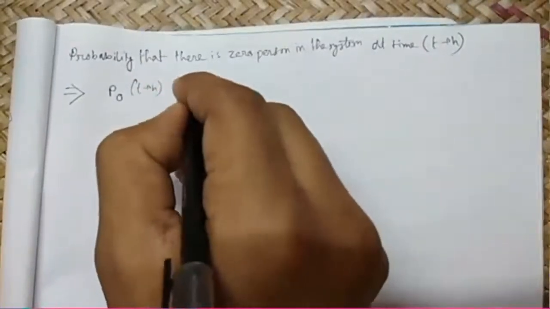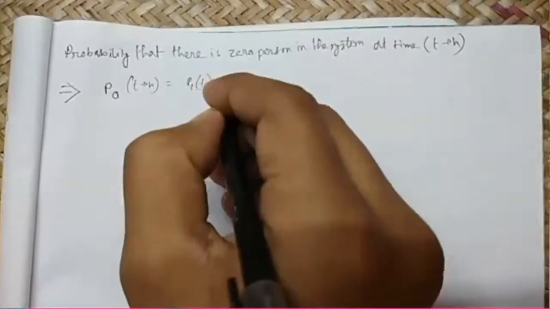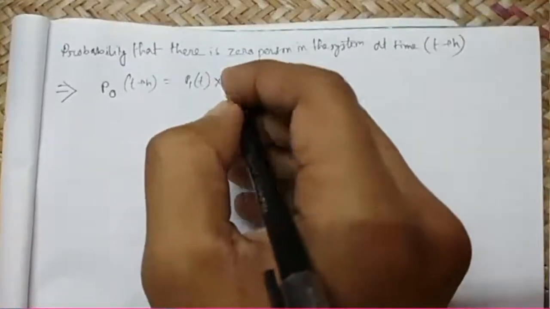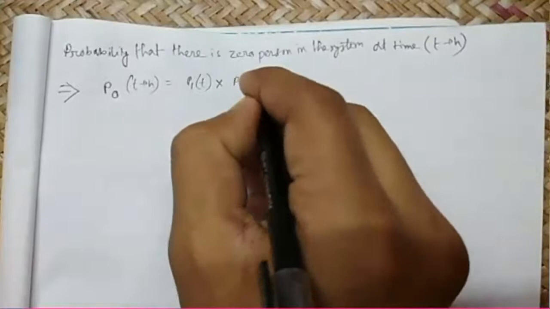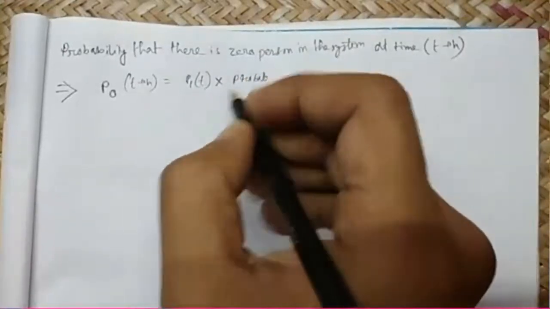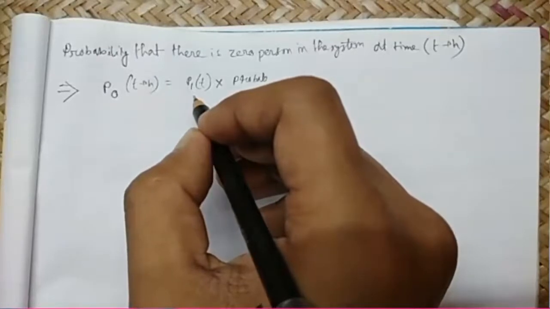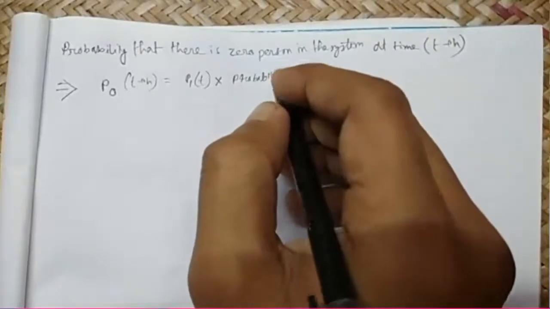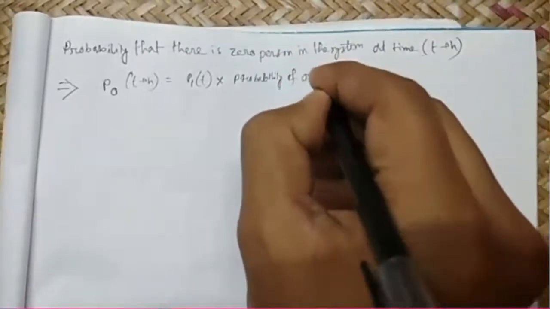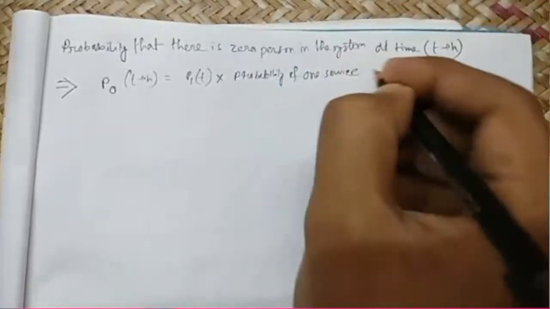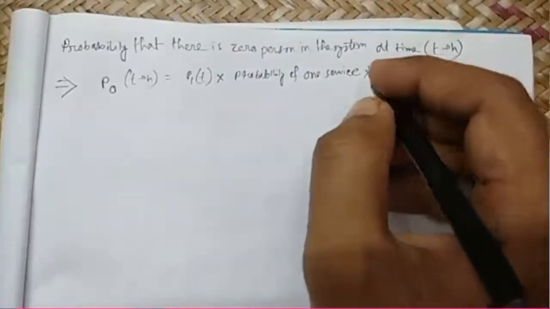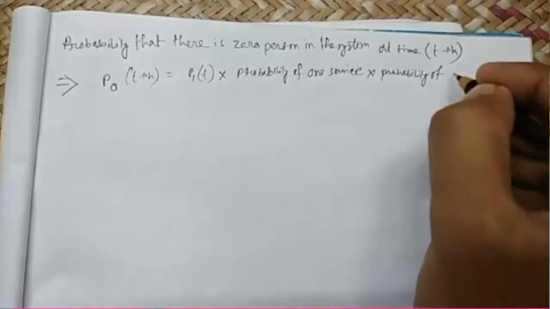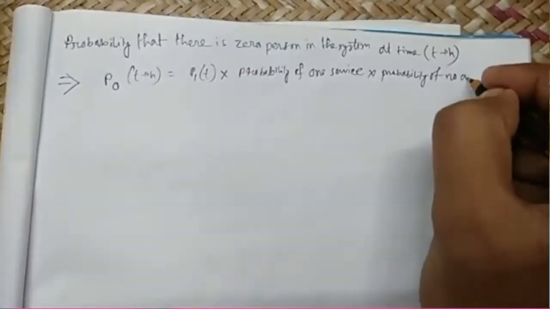That will become P1 at time t, the probability that there is 1 person in the system, into the probability of one service into the probability of no arrival.